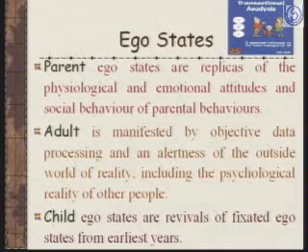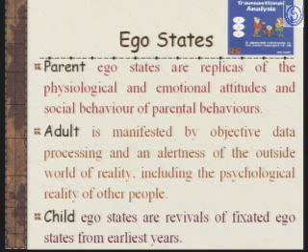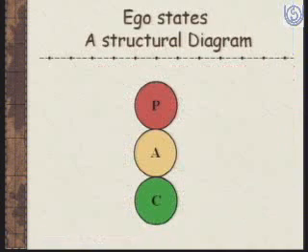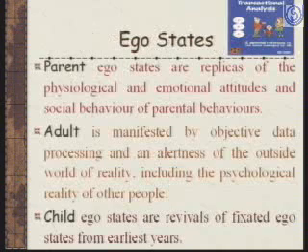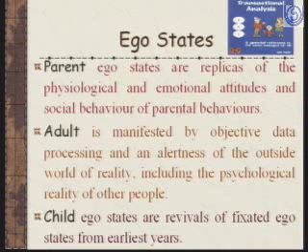Let's now go back to the slide and see what is adult ego state, or we will first see what is child ego state. Sorry, we will go back to the earlier one. Yes, the child ego states are revivals of fixated ego states from earliest years.